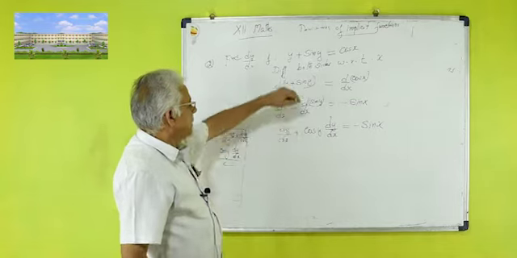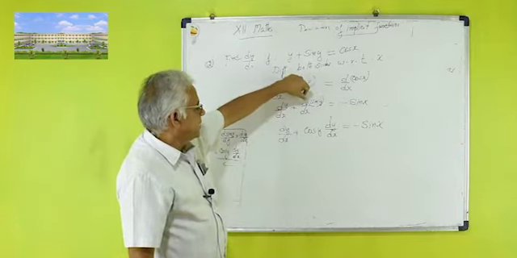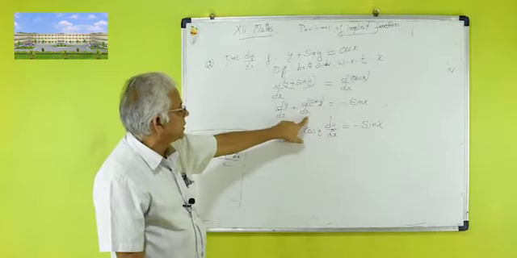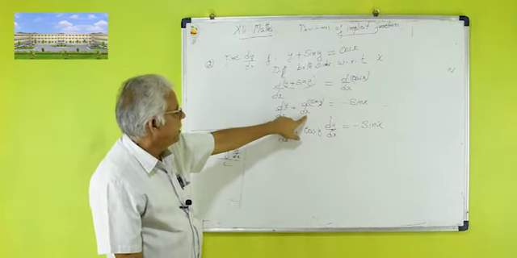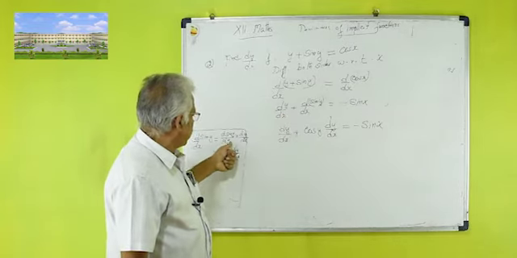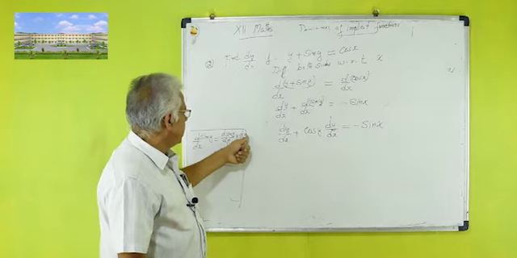So remember, the derivative of sin x with respect to x is cos x. But here the derivative of sin y with respect to x is the derivative of sin y with respect to y, cos y, into dy by dx.